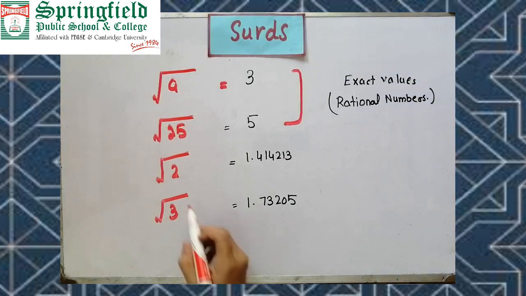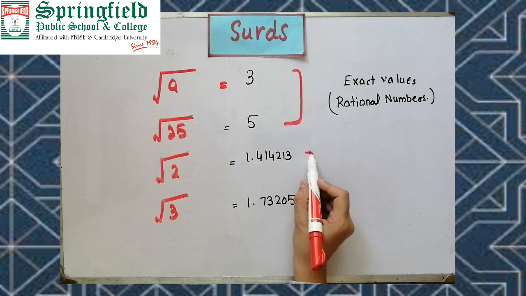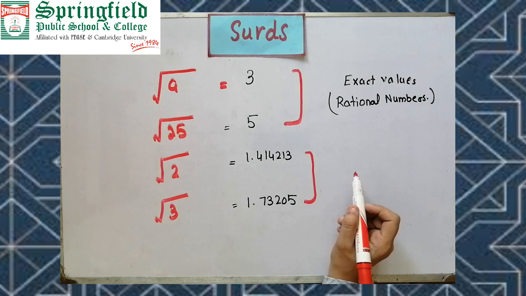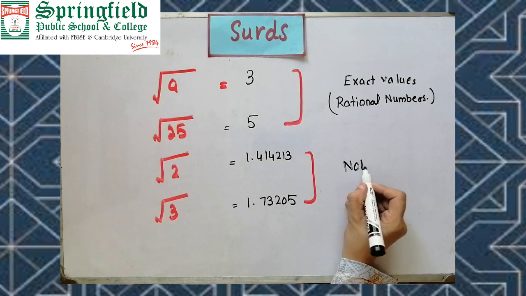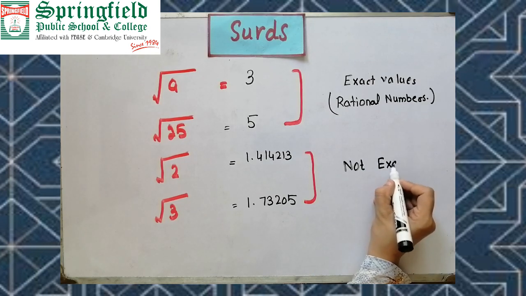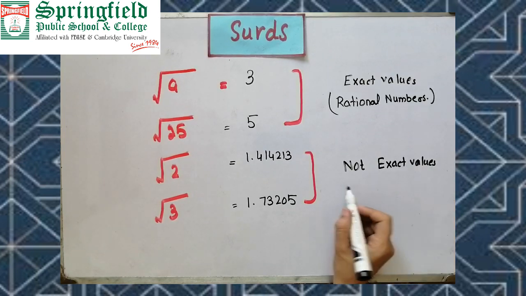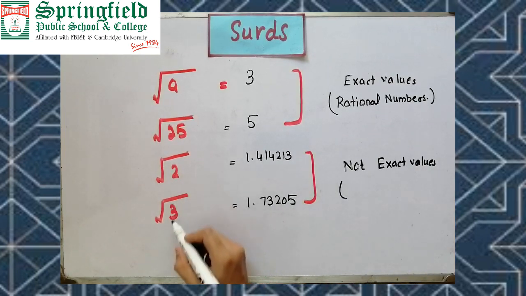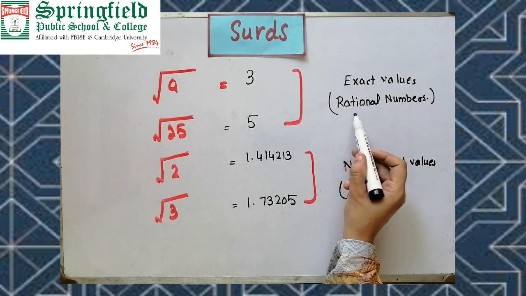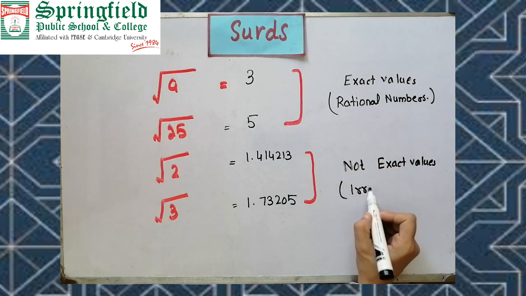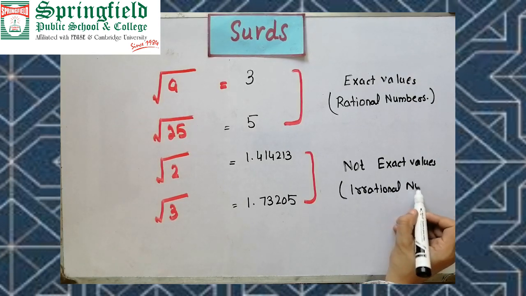And the next two numbers are not terminating and not recurring, so they are not giving us an exact value. That's why we will say that these numbers are irrational numbers. We have already discussed rational and irrational numbers. Fine?